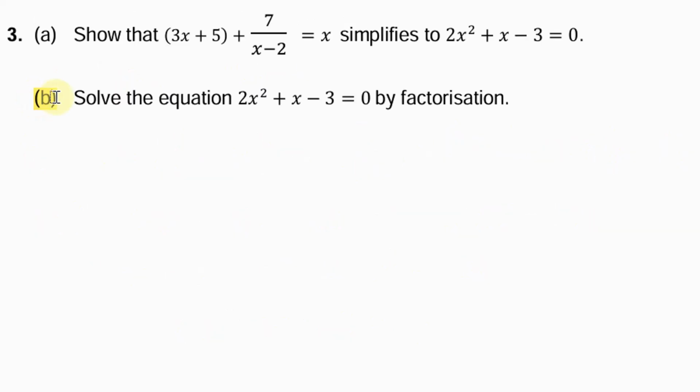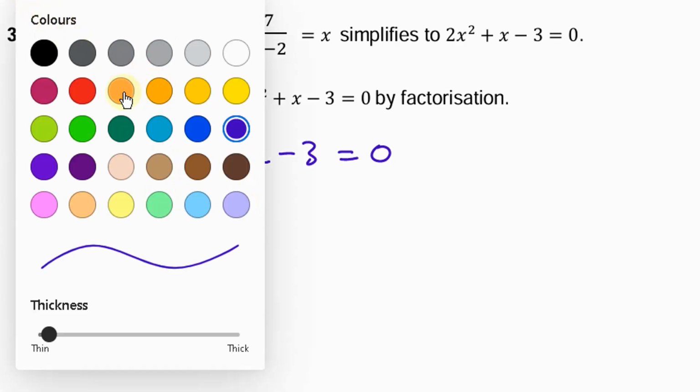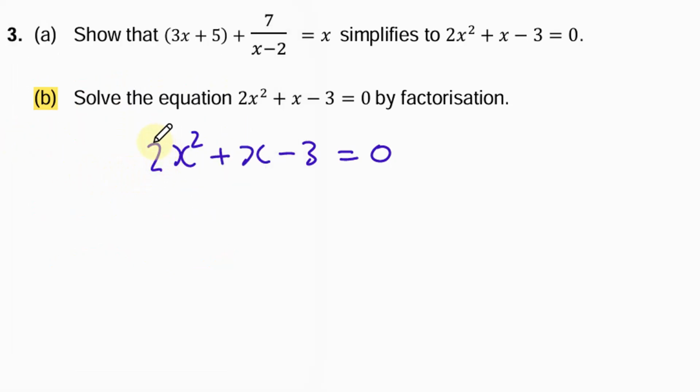Then in part B, we have to solve this quadratic equation by factorization. So 2x squared plus x minus 3 equals 0. Now, in this case, we don't have a 1 as the x squared coefficient. So we can use the following method. We can start by multiplying the constant here, negative 3, by the x squared coefficient.